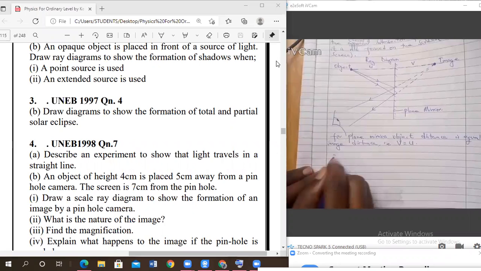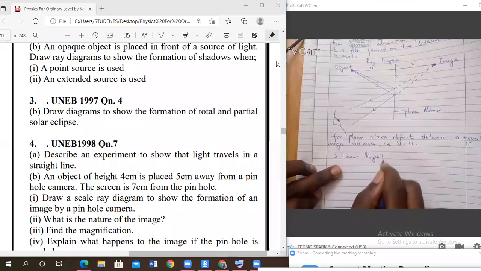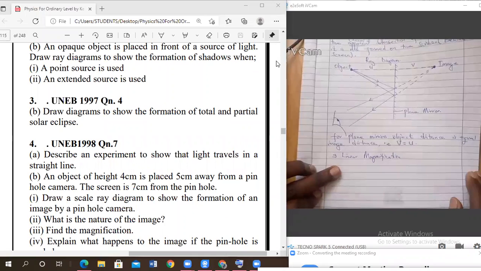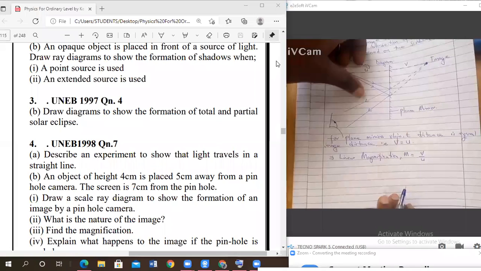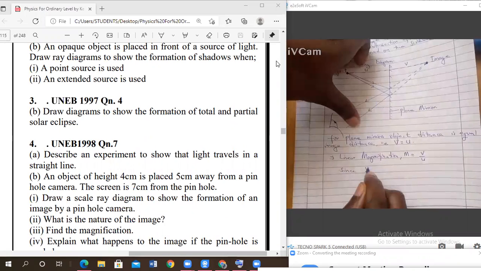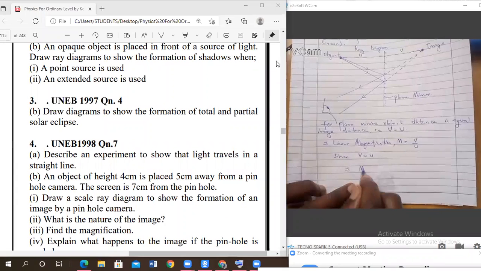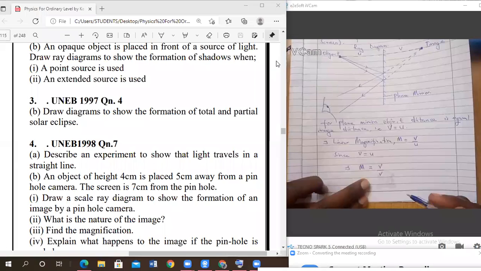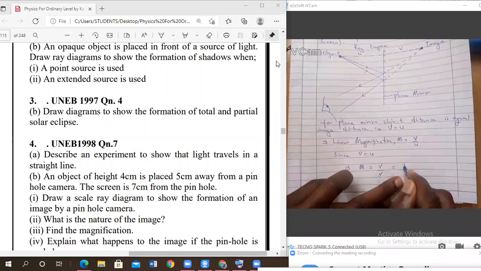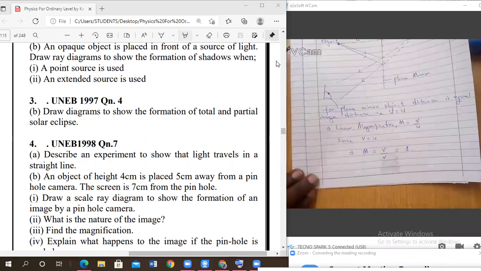So write here: linear magnification M is equal to V over U. Since V is equal to U, I can have V over V, which gives us 1.